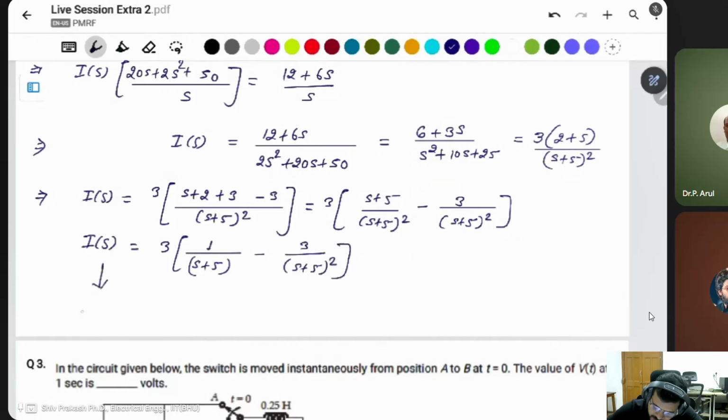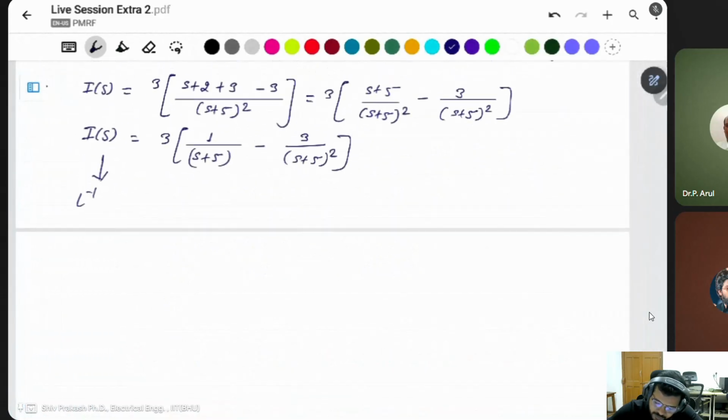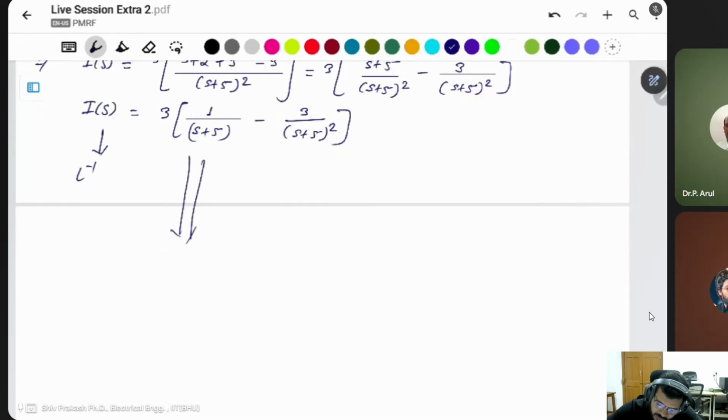You have to take the inverse Laplace. 1 divided by S plus A will be e to the power of minus At. It means here it is e to the power of minus 5t, minus 3.